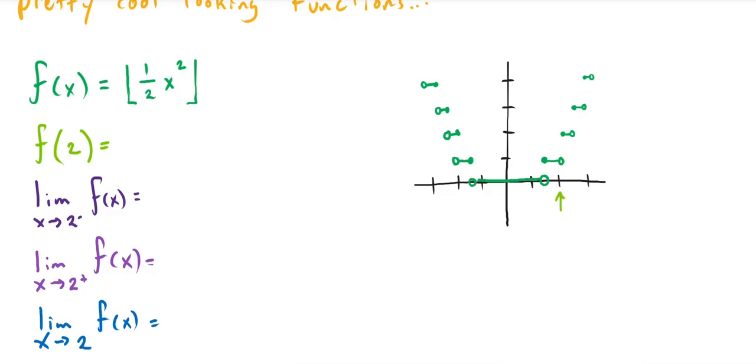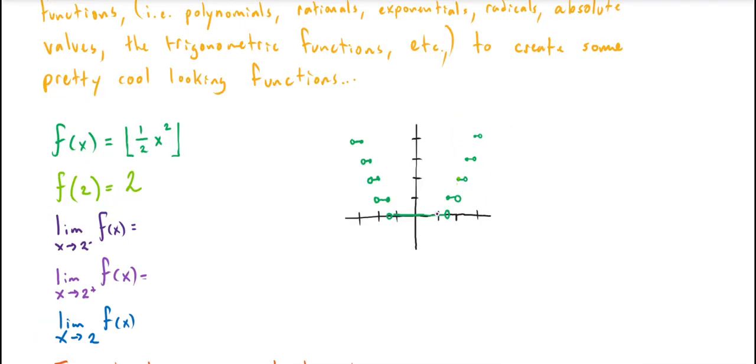We can read off what the value of the graph should be by looking at the graph itself. So for example, when we ask what is f of 2, when we look at 2, we see that it has a value of positive 2 when x is equal to 2. And so this is going to evaluate to 2. When we approach 2 negatively, that is from below, we start out on the y equals 0 part of the graph. And then before we get to 2, we find ourselves at the y equals 1 part of the graph. So here we're getting closer and closer to this value of 1.